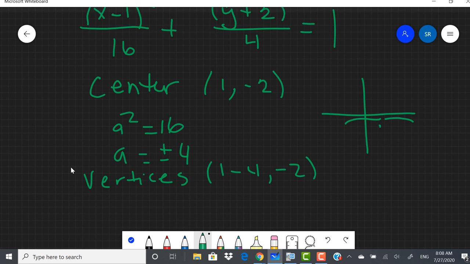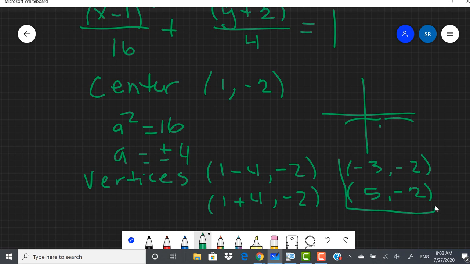Notice we don't go up or down, we're just going horizontal. And at 1 plus 4, negative 2. And then we do the math, and we end up with negative 3, negative 2, and at 5, negative 2. Okay, so right here are the vertices.